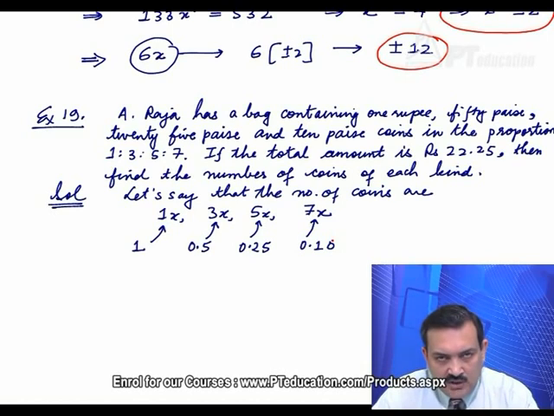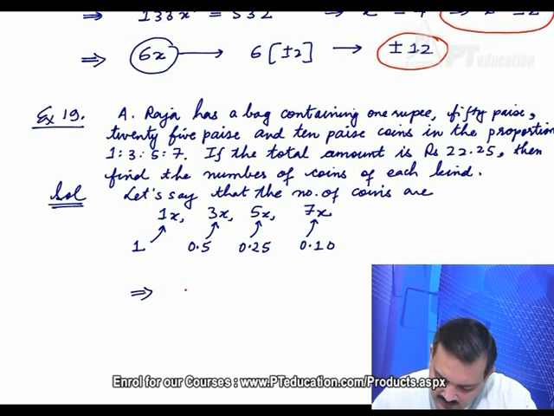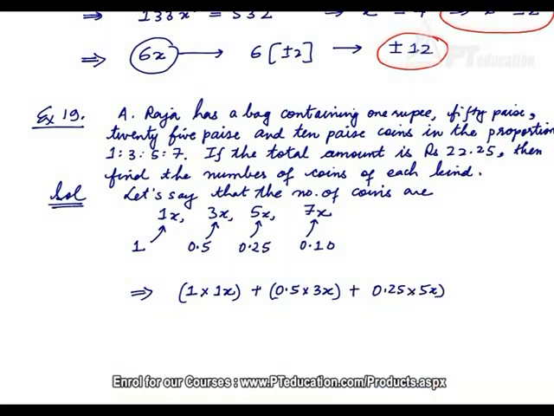So now our equation can be made easily. 1 into 1x plus 0.5 into 3x plus 0.25 into 5x plus 0.10 into 7x.